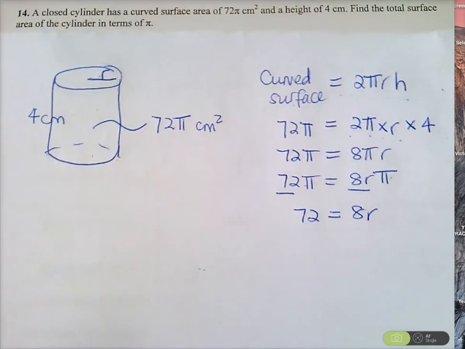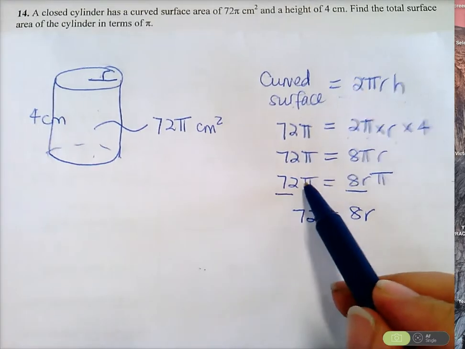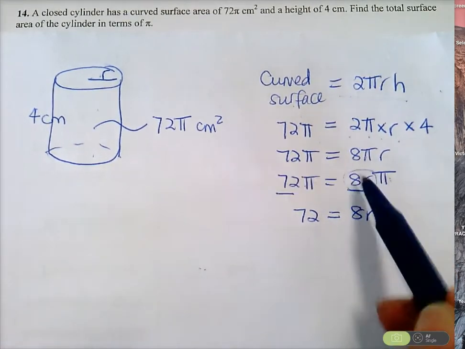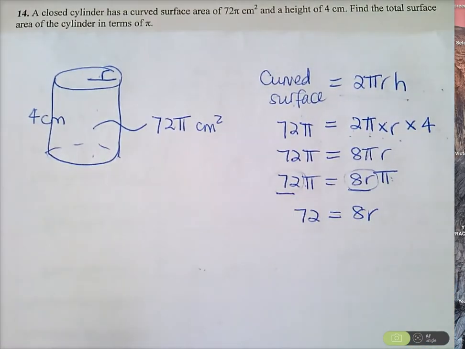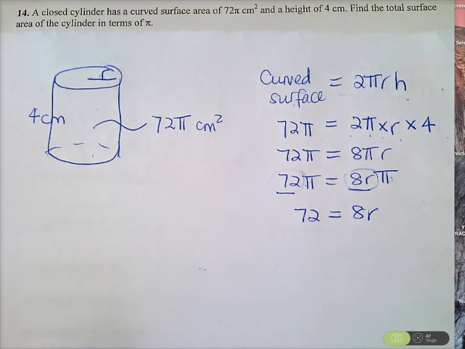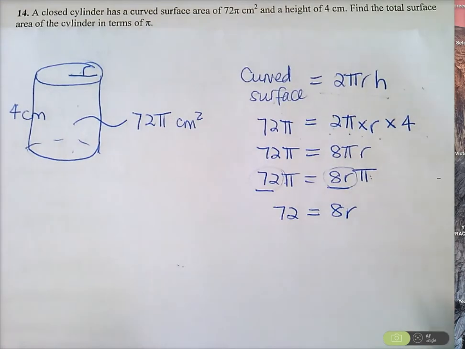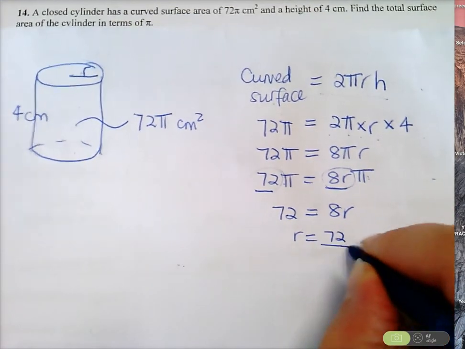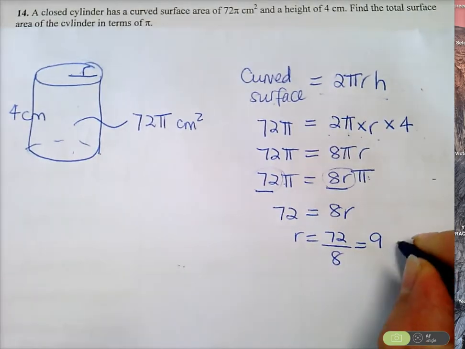Can you see that when I compare them side by side? I know the pi's are there. That 8r has to equal the 72. Does that make sense? So what's r? Yeah, r is 72 divided by 8, which is 9.